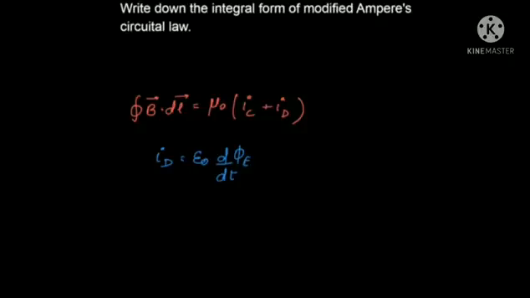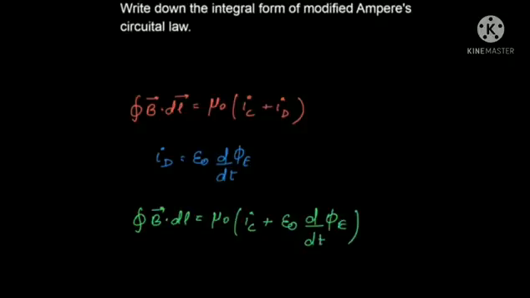So if I put the value of ID from this equation into this equation, we get the modified form of Ampere circuital law as integral B dot dl is equal to mu naught times IC. I am writing just as it is, and for ID I am putting the value epsilon naught times d by dt of electric flux phi e.